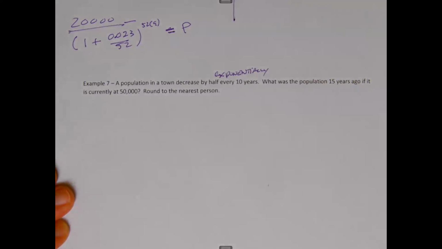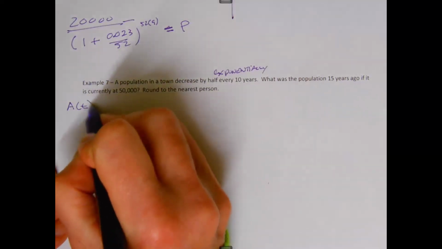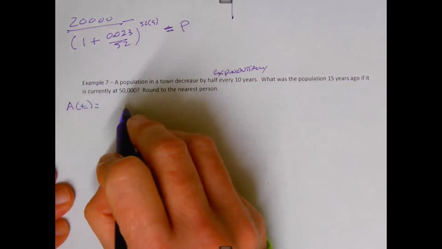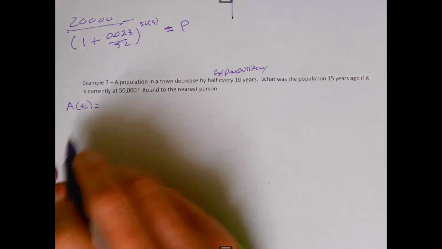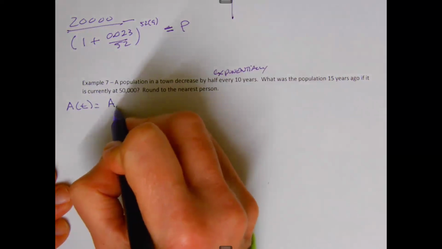All right, so now I'm going to write the following, and keep this nice and simple. The amount is going to equal, I don't know the original amount, so I'm going to write this down.